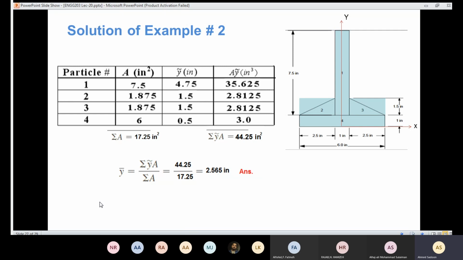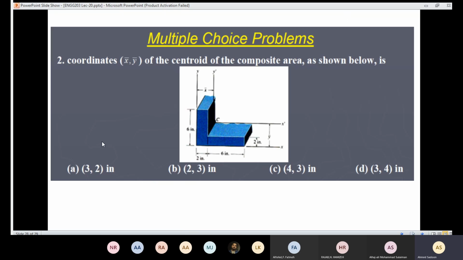Here we have a problem. If you really understand what is going on here, we have a body. It's composite, and it could be divided into 2 rectangles here and there. And the reference this time has been put here.